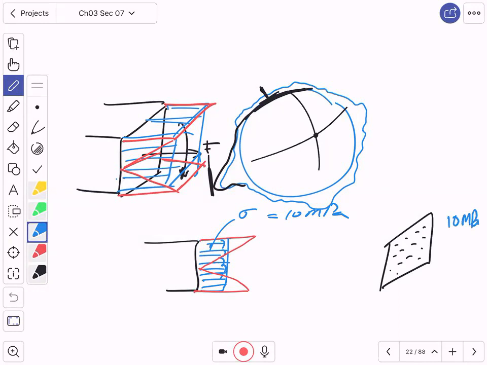The problem is this. When you look at the cross section from the eye of the bending stress, this value is 10, this value is 8, this value is 6, this value is 0.